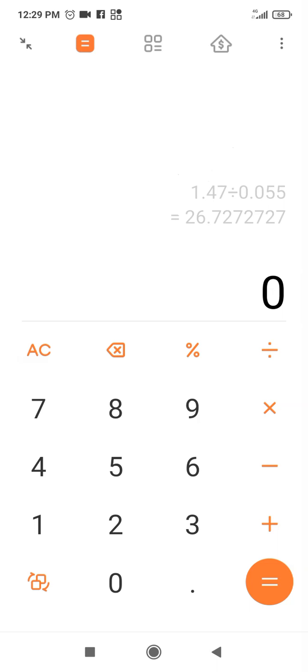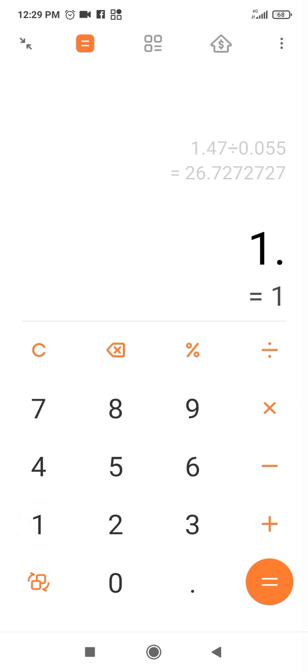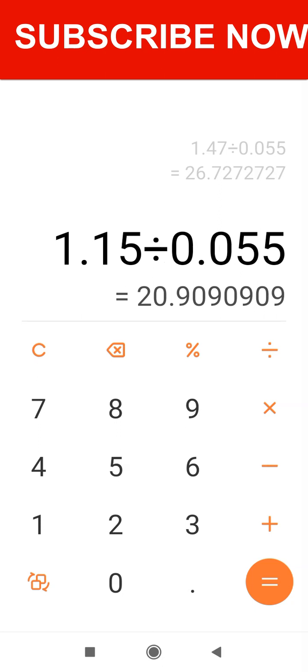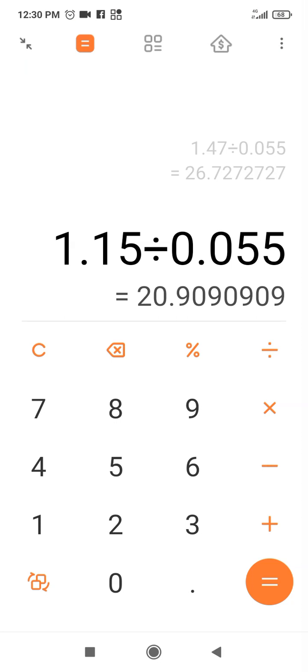That is 1.15 divided by 0.055. So you've done 20x. If you're able to buy this with just $10-$20, then your profit is 20x multiplied by 20.